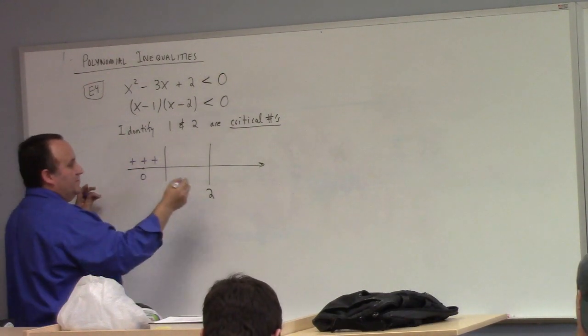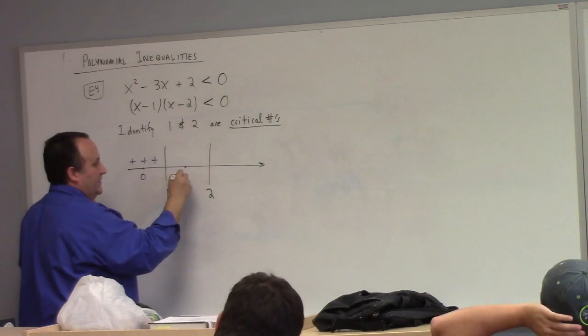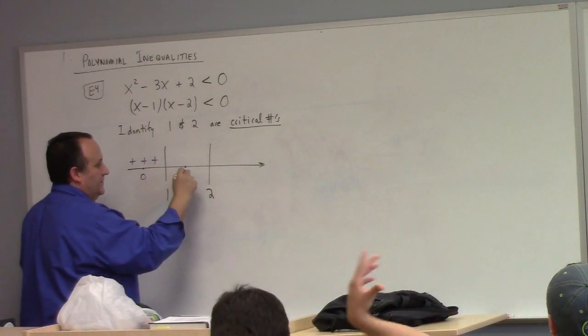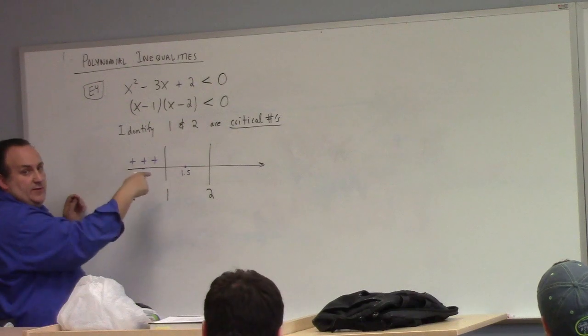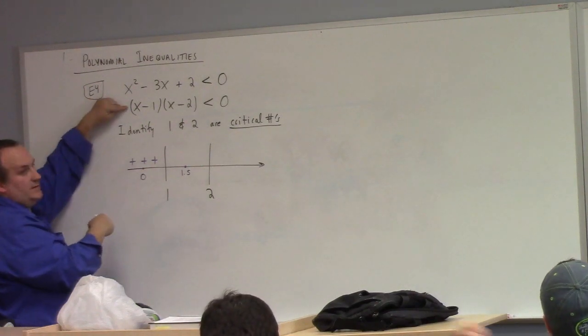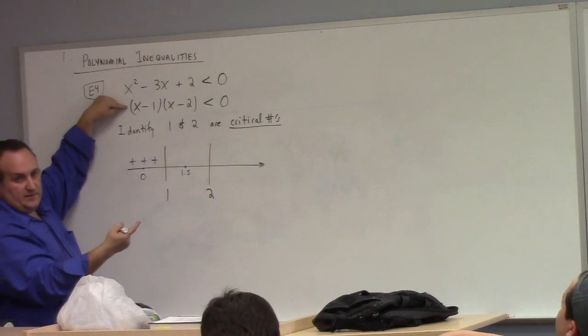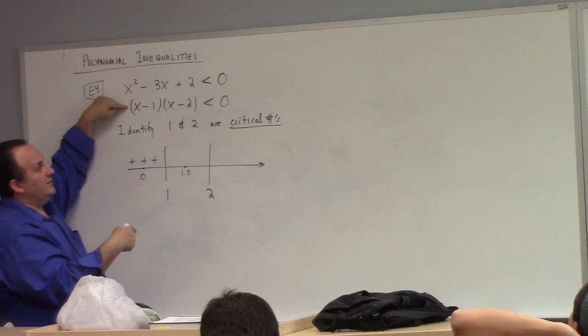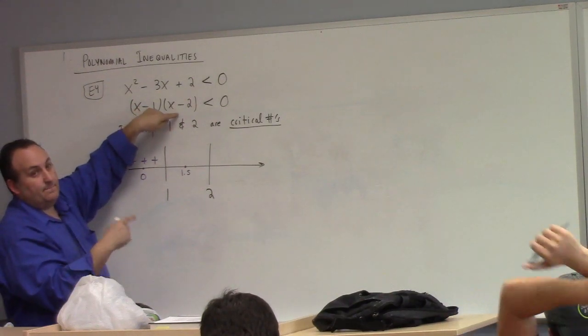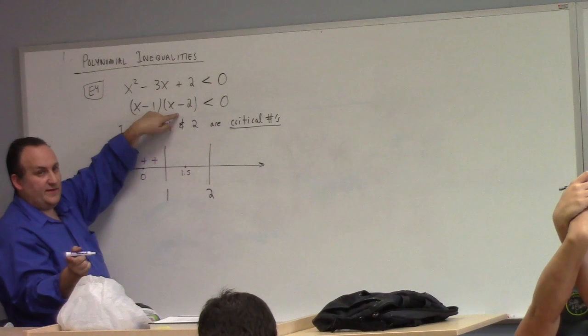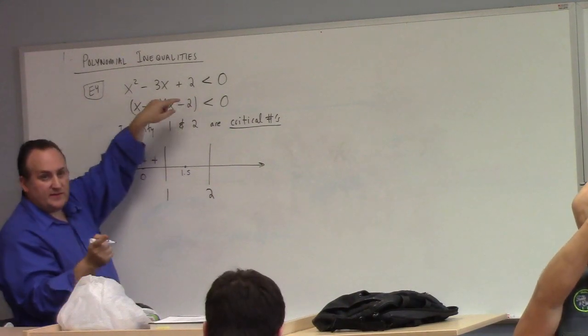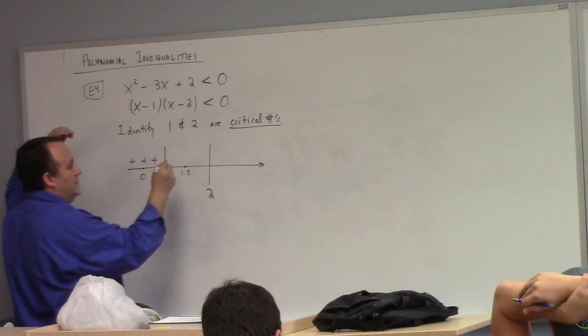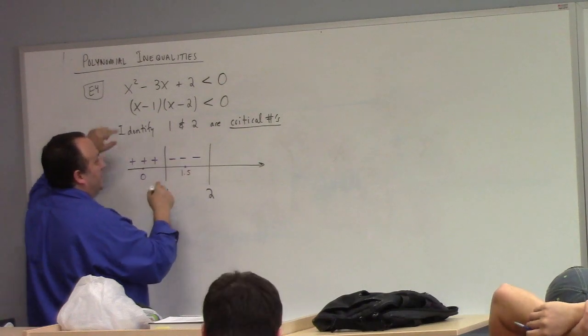Then, if you plug in, for example, 1.5, what happens? 1.5 minus 1 is 0.5. 1.5 minus 2 is negative 0.5. So I've got a plus times a minus. What's plus times minus? It's minus. We don't actually care about the value.